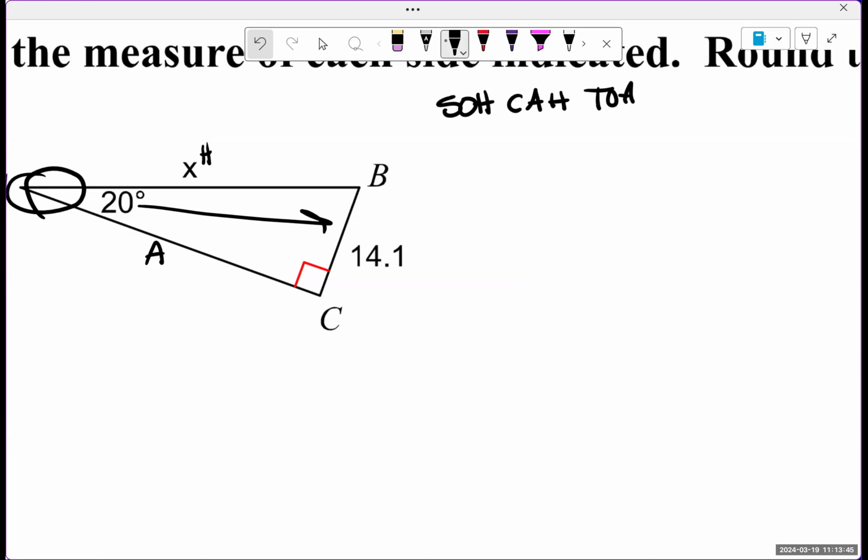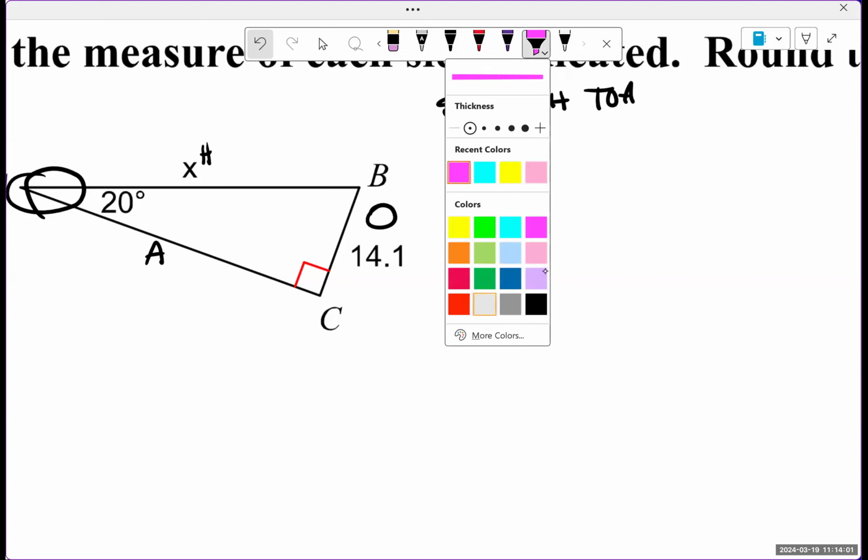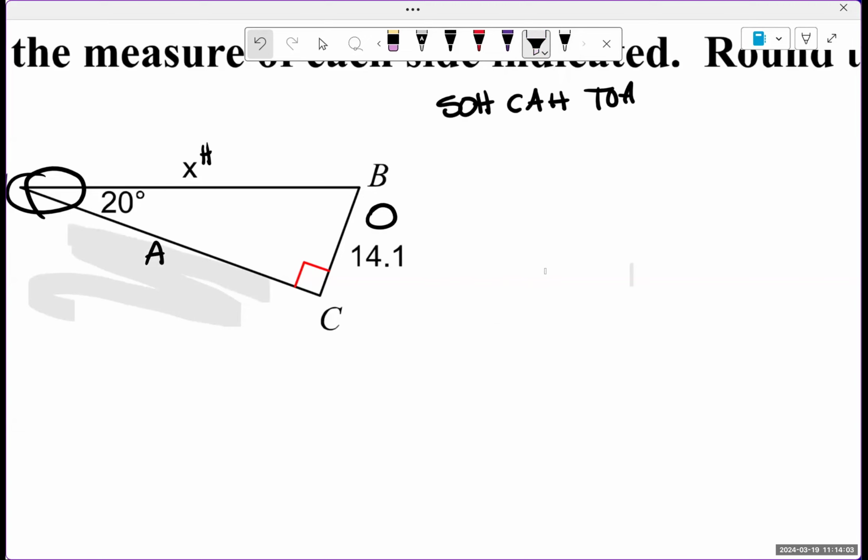Throw the eraser. This is the opposite side. So we have to choose. Notice nothing over here, we're not using the adjacent.